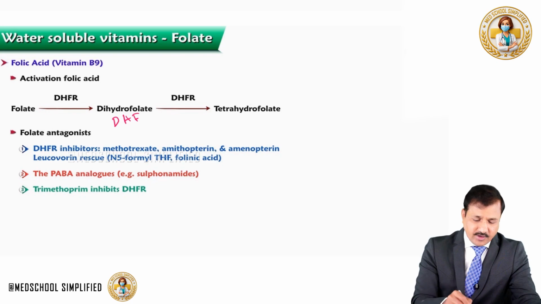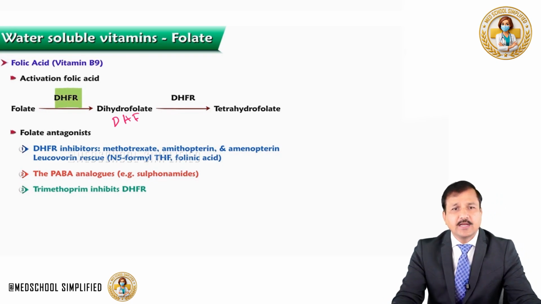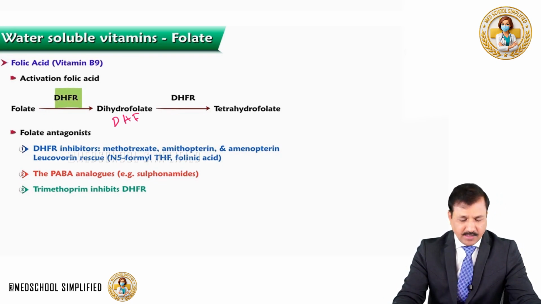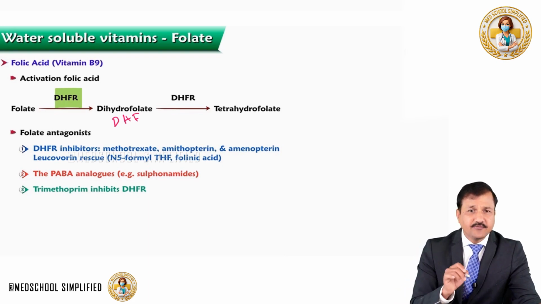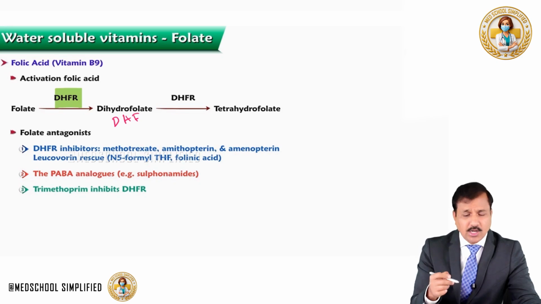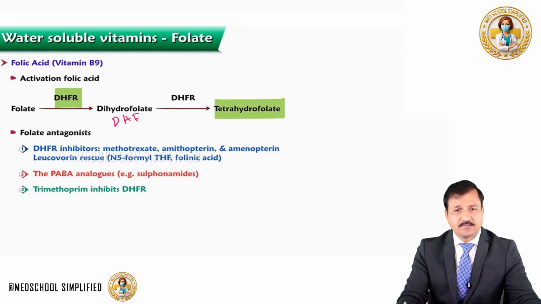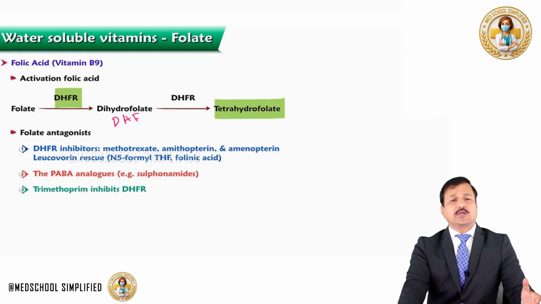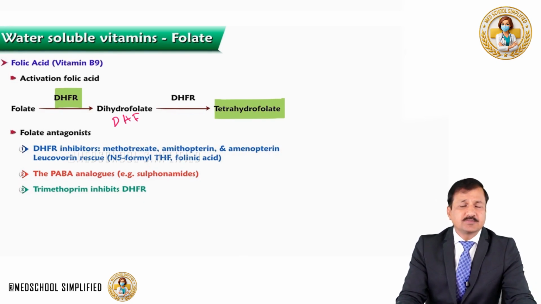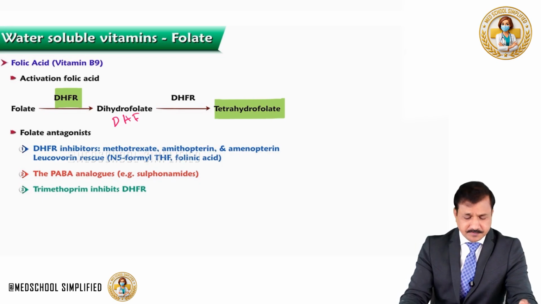So the DHFR is the enzyme, dihydrofolate reductase. And now this DHF is further added with 2 more protons to make it tetrahydrofolate. And the proton donor here is the NADPH plus H plus molecule.